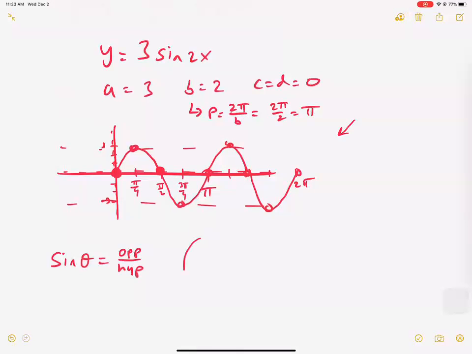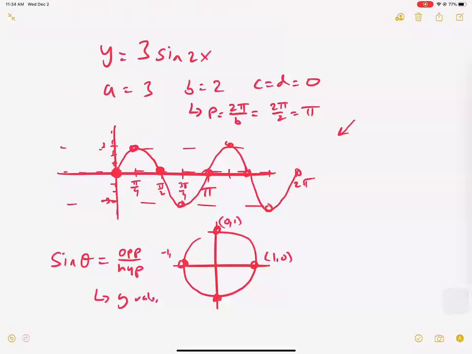On the unit circle, let me draw the unit circle for you guys. Actually, no, a couple ways of doing that. We can just do it this way. This is our y value, right? Our point is 1, comma 0, 0, comma 1.